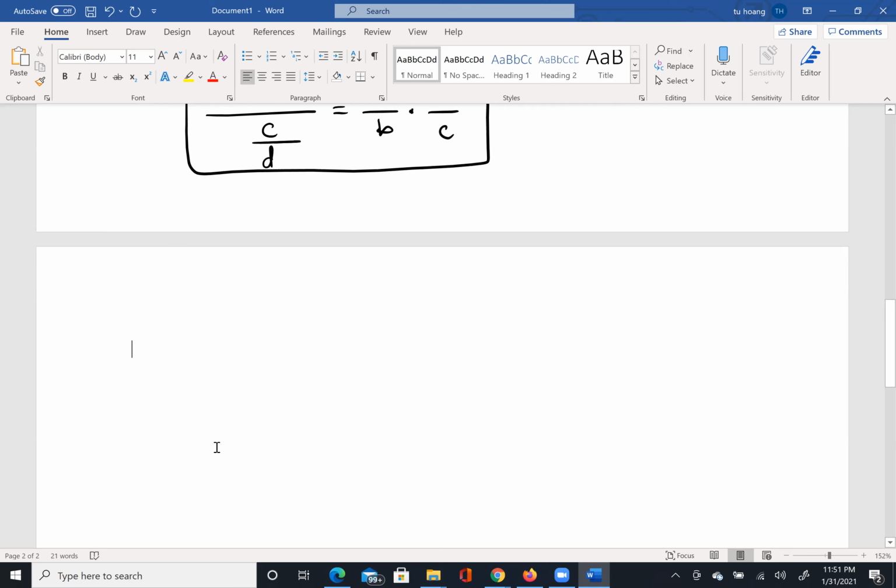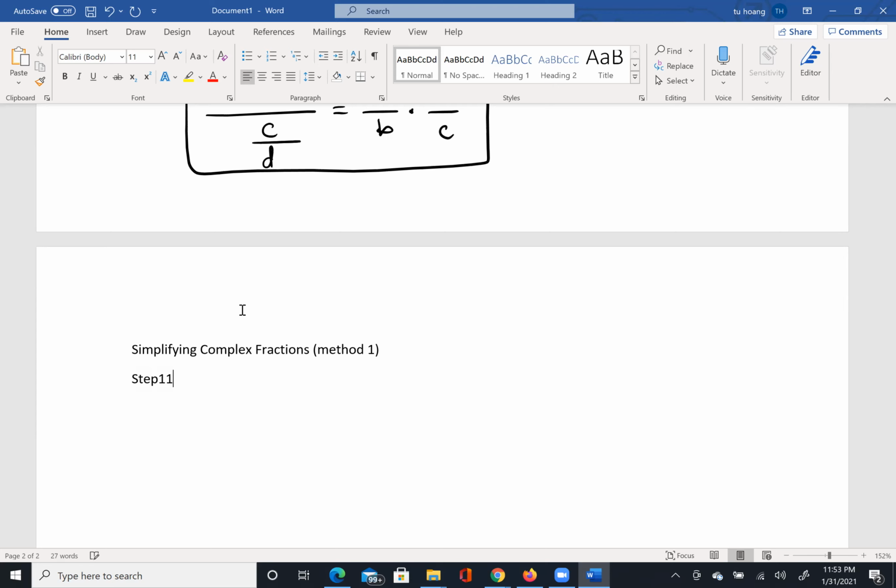Let me write out simplifying a complex fraction with method 1.